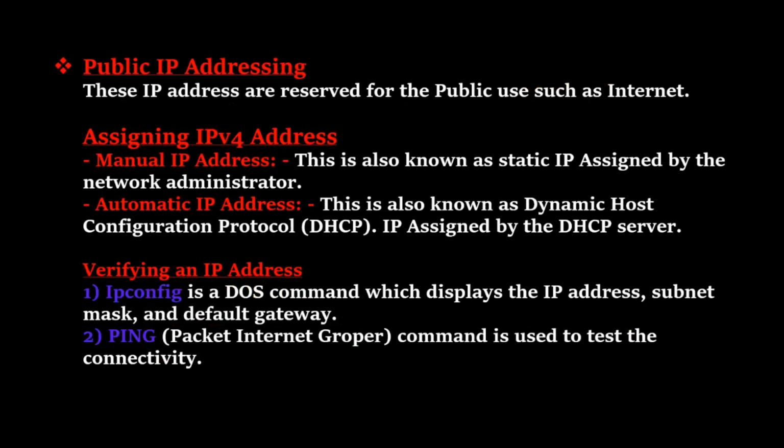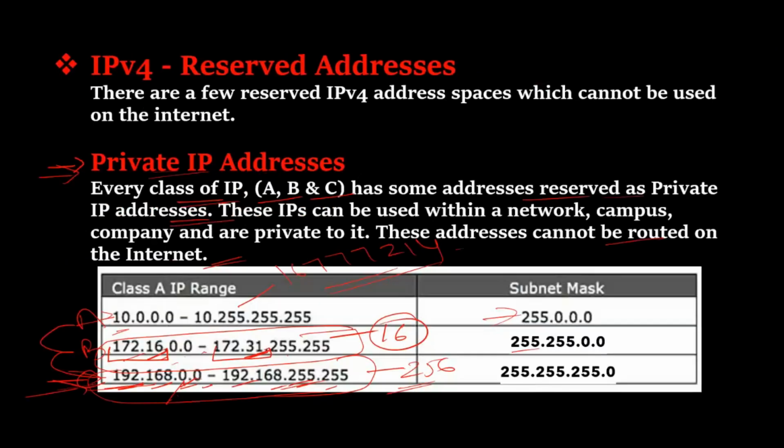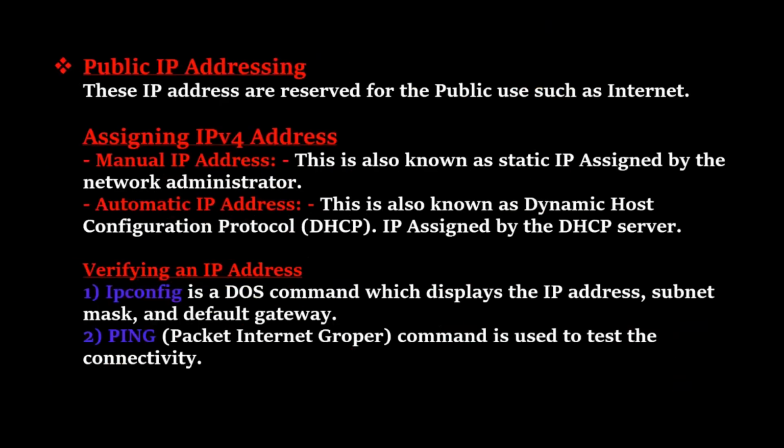And the last reserved IP address is public IP. Public means these IP addresses are reserved for public purposes like the internet. On the internet, apart from what we discussed earlier, loopback, link local, and private IP addresses, the rest of all the IP addresses from class A to class C are available. When you purchase an internet connection, you will get an IP address.